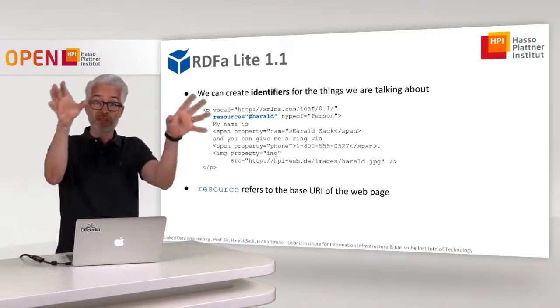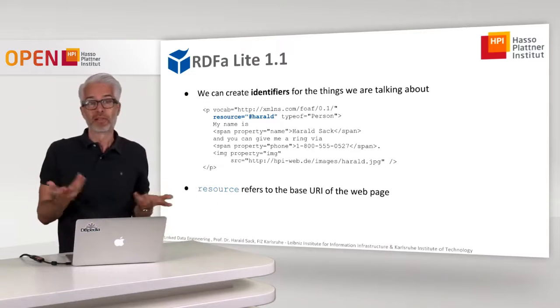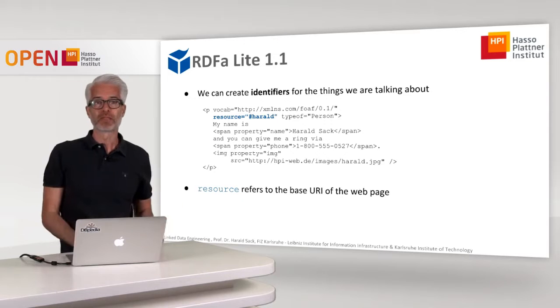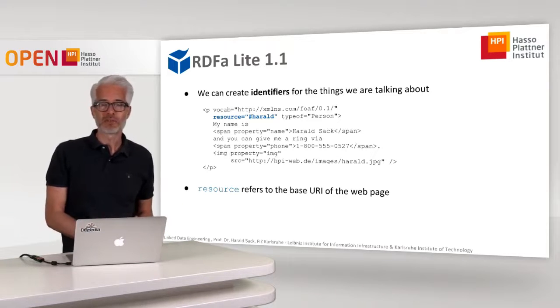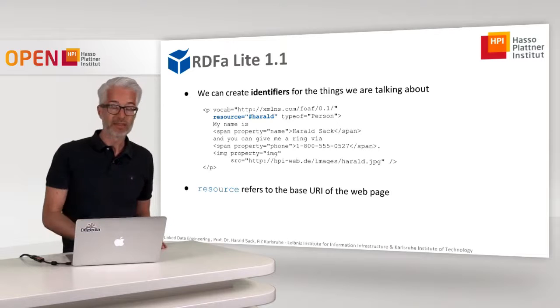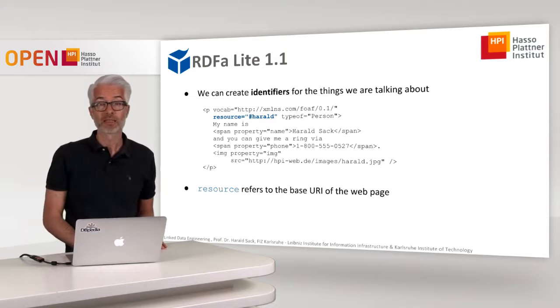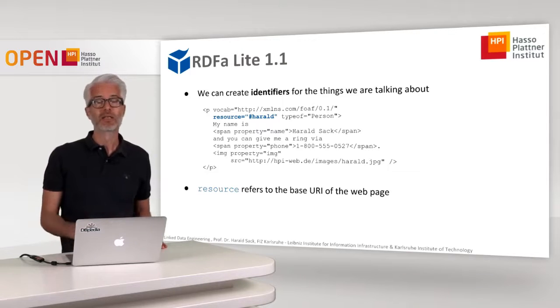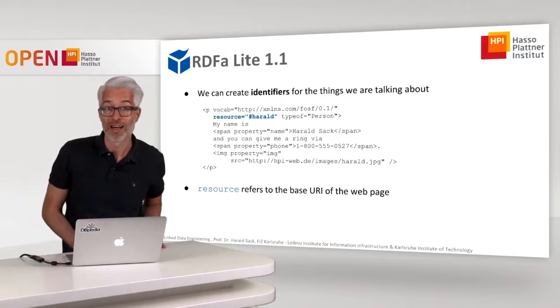So what we have defined here is something like a blank node, which is of type person and so on. But I can really define a resource here. Therefore, I have the attribute resource. I use it simply as a second attribute in my paragraph tag and say, okay, here I'm talking about me, myself, something which is called Harald.